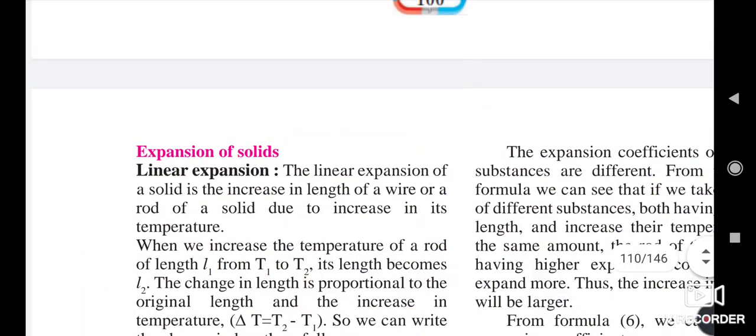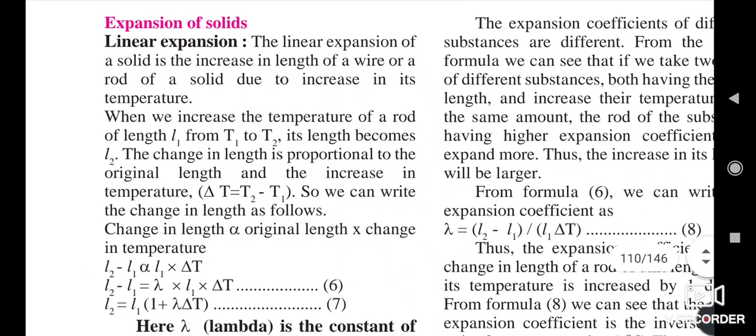So the next point is linear expansion. Linear expansion means, as we saw, the railway lines change their length in the summer season because of heat.